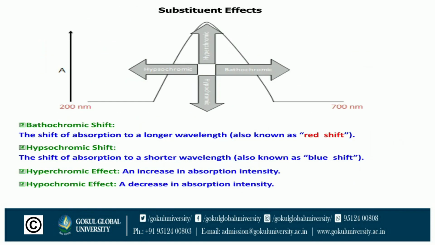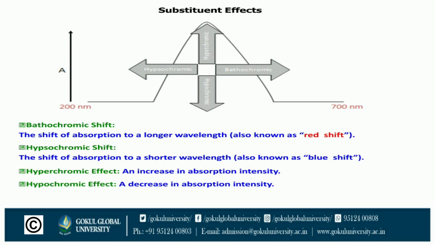Okay, now there are some substituent effects that occur in the UV spectra. In the UV spectra graph, the peak of absorption moves in various directions. The first is the bathochromic shift.